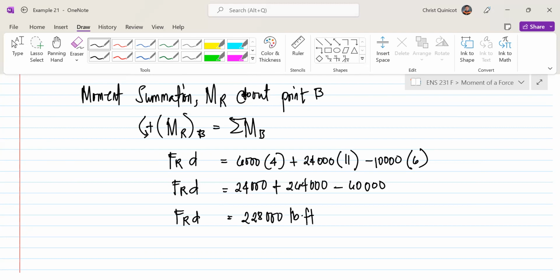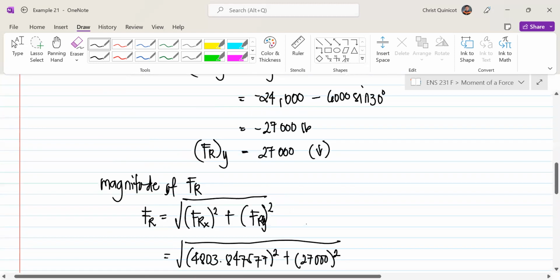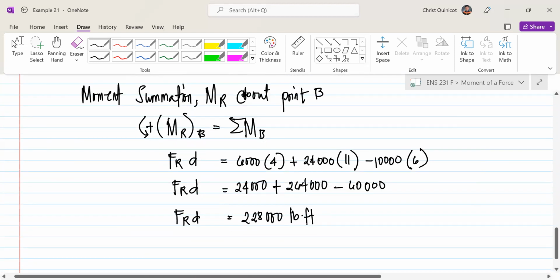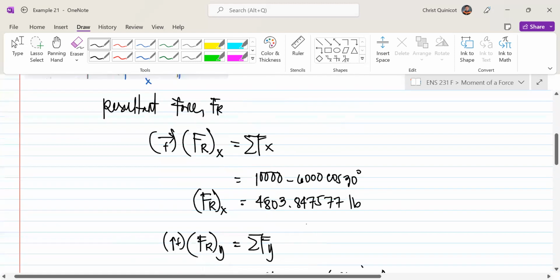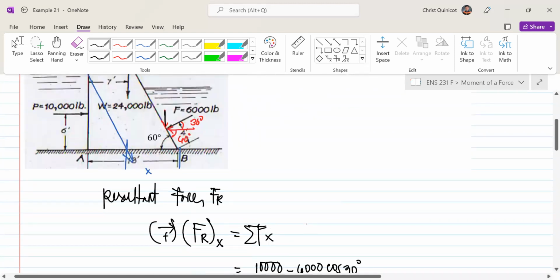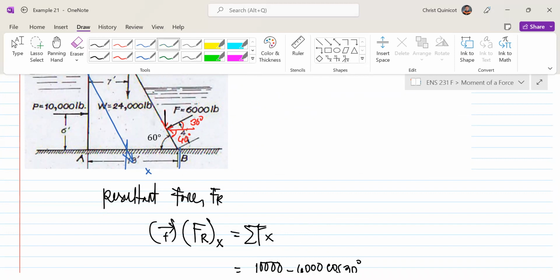Now, we are not simply asked to find the perpendicular distance of F sub R, but rather the point where F sub R passes through AB. So what we can do is use Varignon's theorem. We write the y component F sub Ry and the x component F sub Rx at line AB.